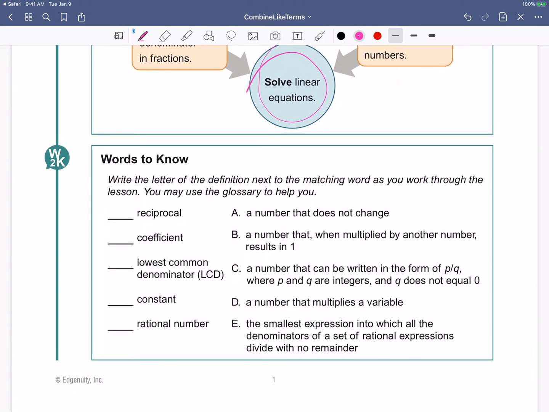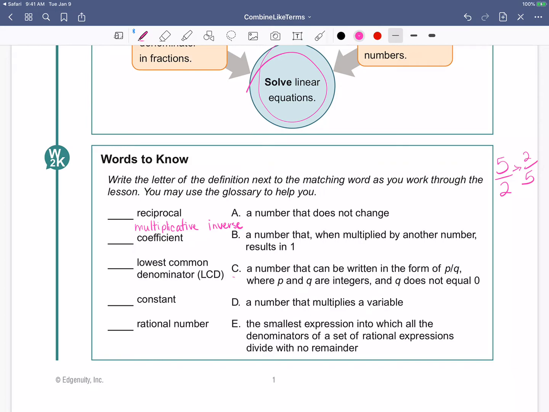So, words to know. The reciprocal, if you remember, the other word for reciprocal is the multiplicative inverse, right? And the reciprocal is going to be, if we have a fraction, say we have 5 over 2, the reciprocal is going to be 2 over 5.